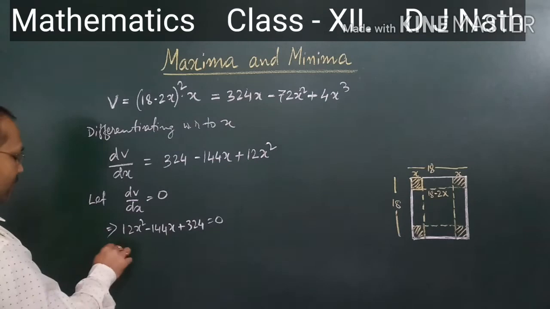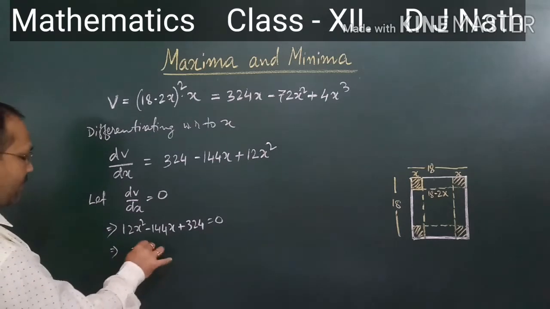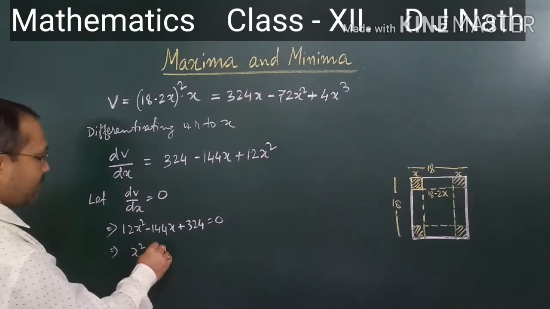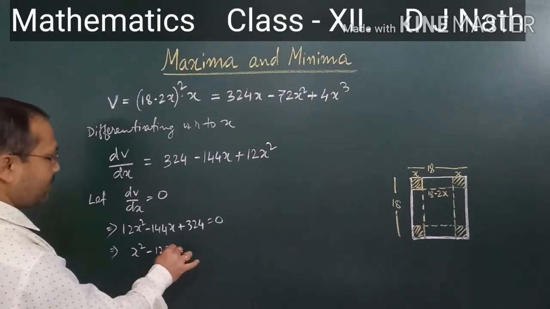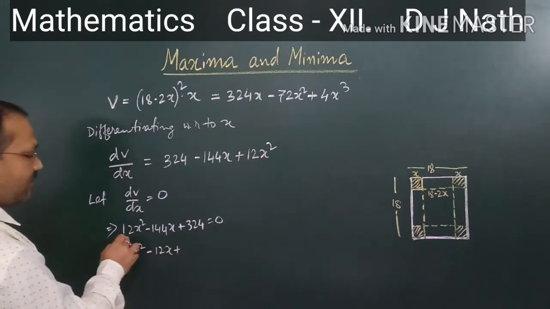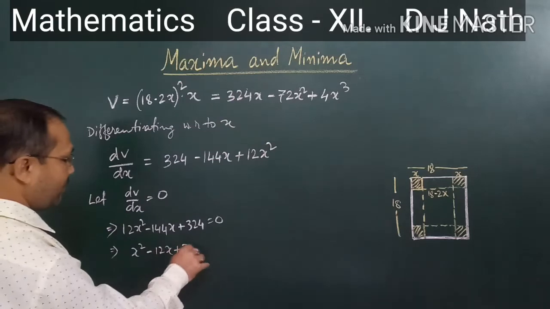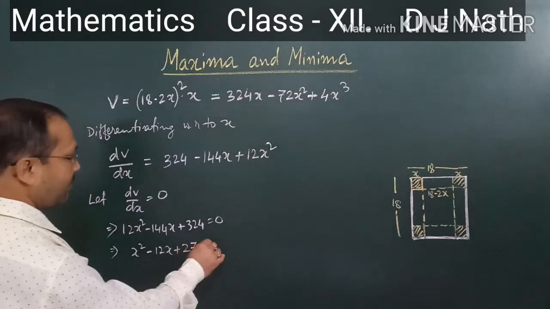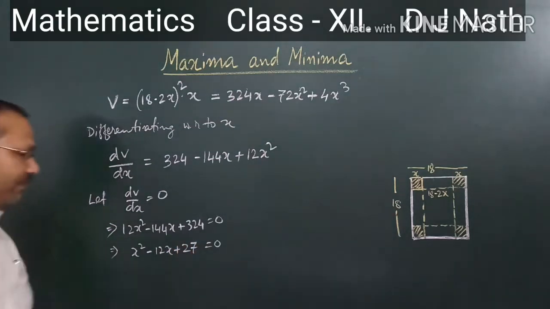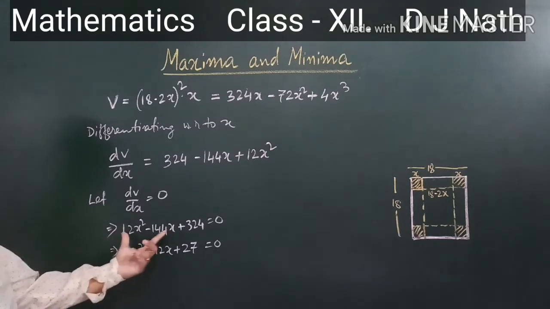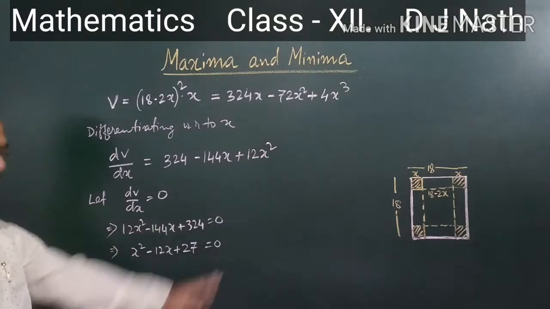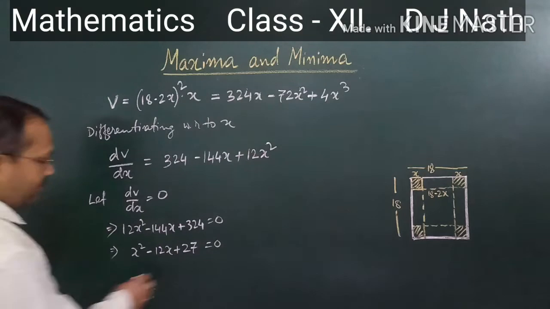12 can be taken common, so it can be x square minus 12x plus 27 is equal to 0. We have taken 12 common and divided, so this will remain.